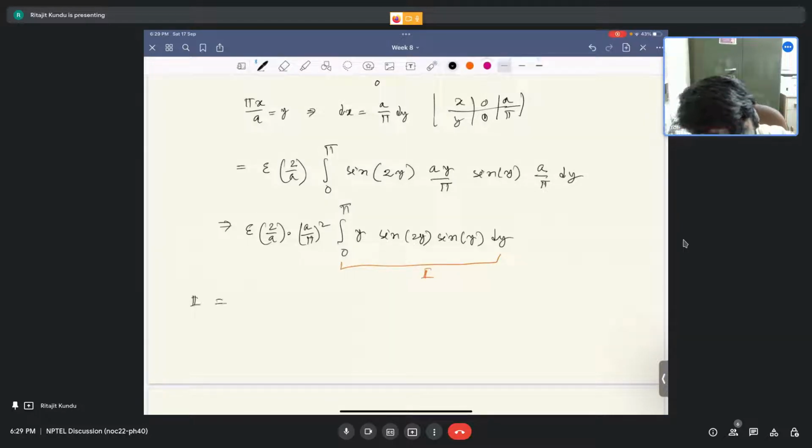To calculate I, we'll need that trigonometric identity and also integration by parts.